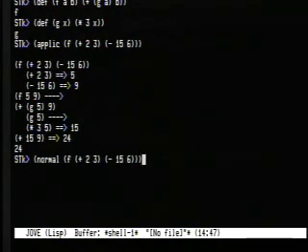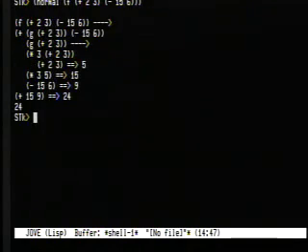So now we're going to do the same thing in normal order. And this time, here's the expression. Now, without evaluating anything, I take the argument expressions, the plus 2, 3, and the minus 15, 6. I substitute those for a and b in the body of f.